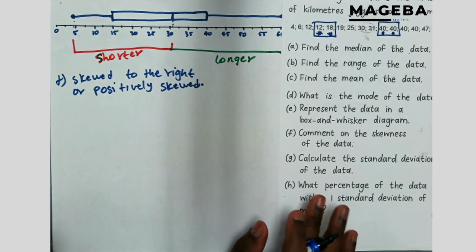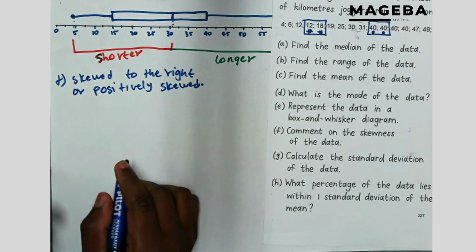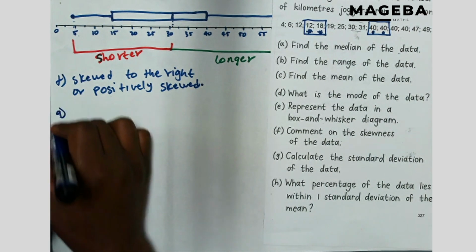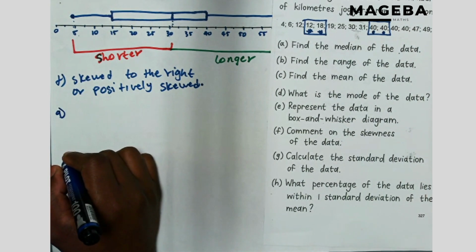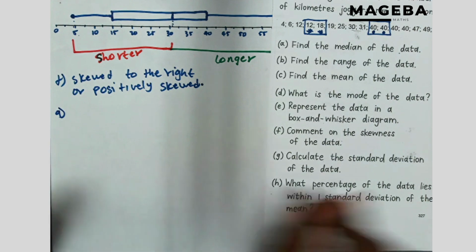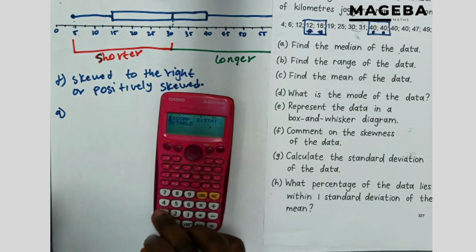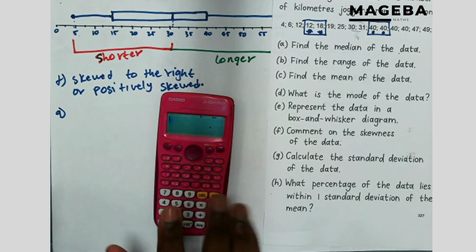Now, calculating the standard deviation, which is my following question G. I hope you still remember how we do the standard deviation. I'm just going to do the calculation with you, putting everything in the calculator.